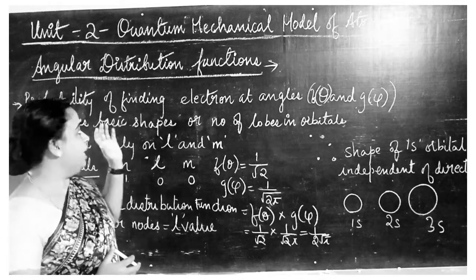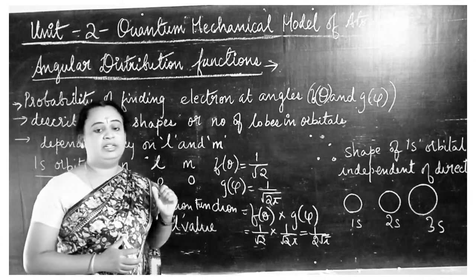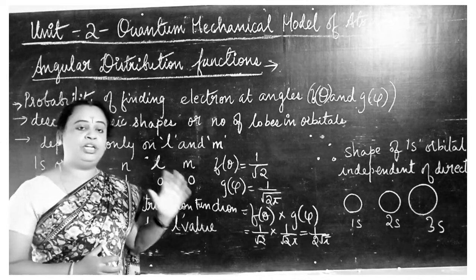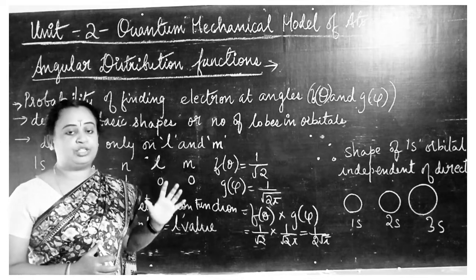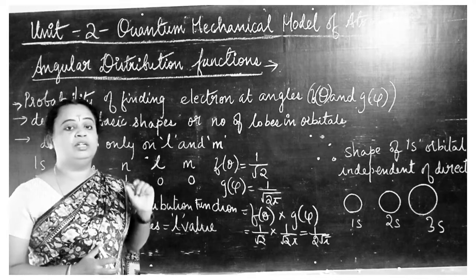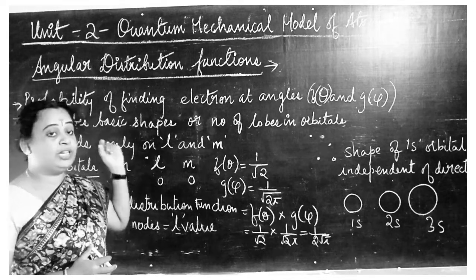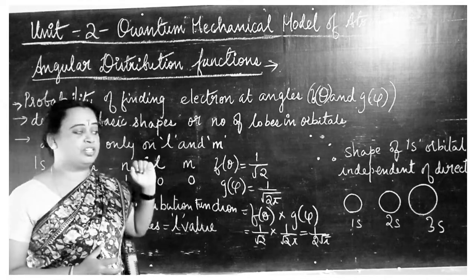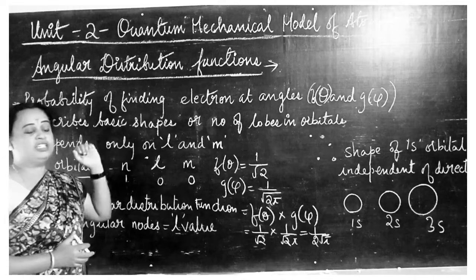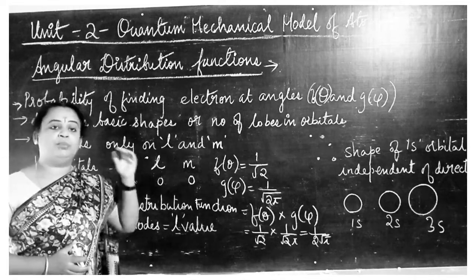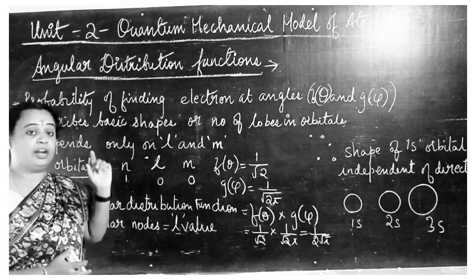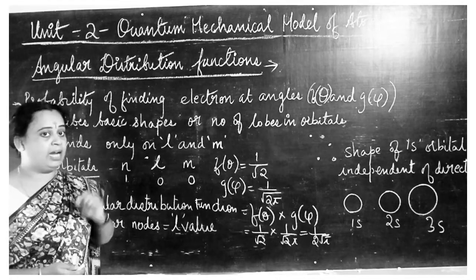Radial distribution function tells us about the probability of finding the electron maximum around the nucleus. Fine, so that was explained by the radial distribution function. Whereas the angular distribution function also tells about the probability of finding the electron around the nucleus at different angles.